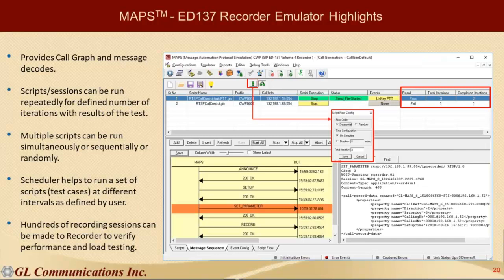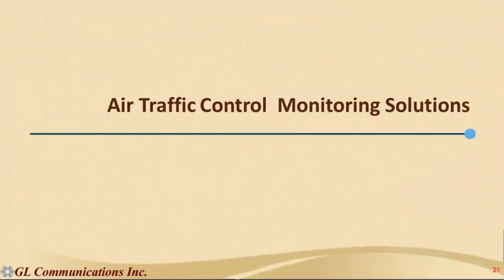In reality, recorders need to be recording hundreds of calls 24/7, so it becomes mandatory that they pass through this scenario before deploying into the actual network. So Maps helps in creating all these scenarios to do all the deployment tests and functionality tests. That is all about our emulators.